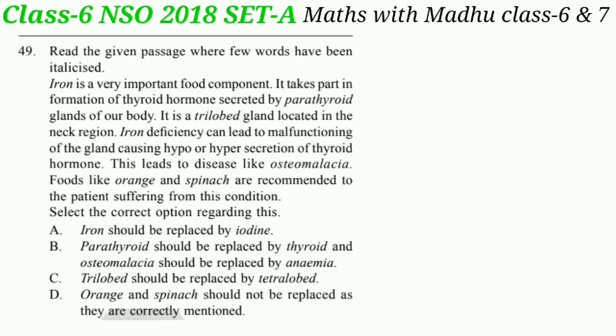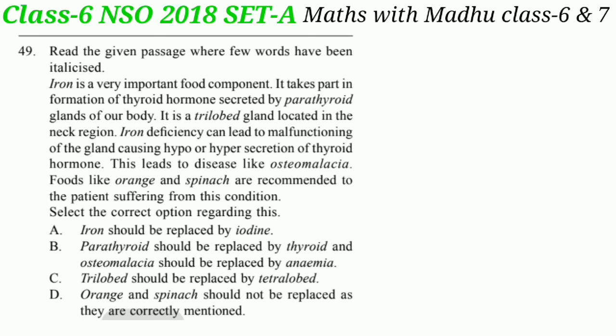Then iron deficiency can lead to malfunctioning of the gland, causing hypo and hypersecretion of thyroid hormone. This should be iodine deficiency. Now this leads to disease like osteomalacia. It leads to disease like goiter.